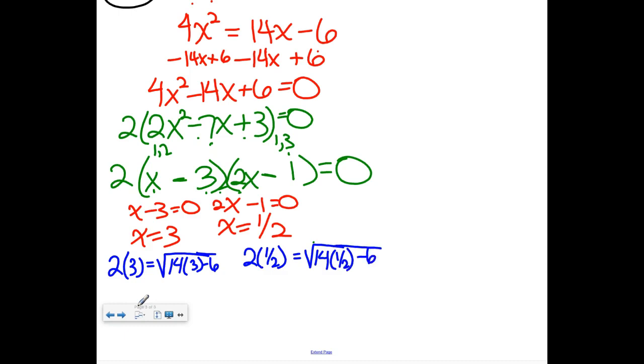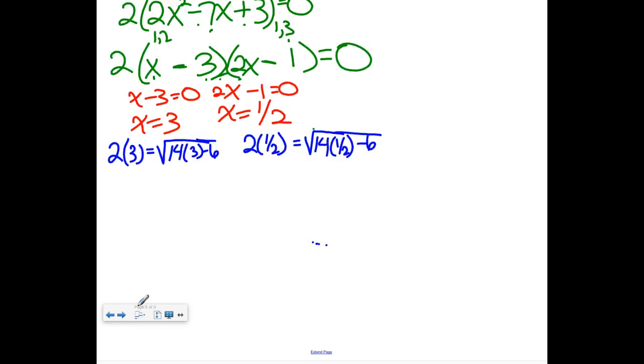In here, ladies and gentlemen, I'm going to take, oh my gosh, my board. I'm going to take 14 times 3, which is 42, and I'm going to subtract 6, so I have the square root of 36, and the square root of 36 is 6. On this side, I have 2 times 3, which is 6, so these two equal each other, so that is good. So this answer is a good answer.